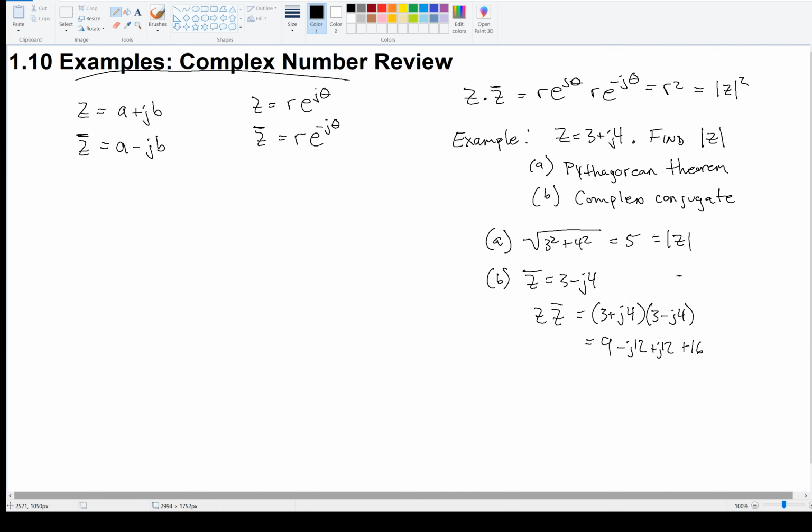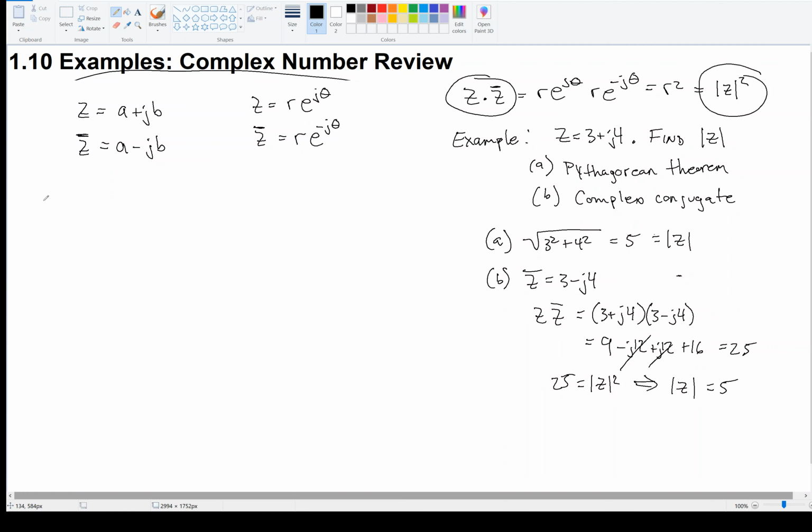Okay, so the j's cancel, right? That will always happen when you take z times z conjugate. And then this gives me 25. And what we just showed up here was that z times z conjugate gives me the magnitude squared. So now I know that 25 is the magnitude squared. So this means that the magnitude of z is 5. Okay?